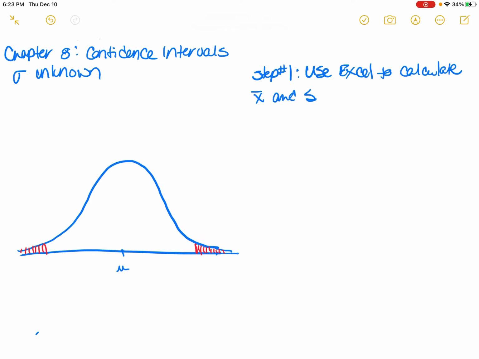And we would use these functions respectively. So that's the biggest change, right?